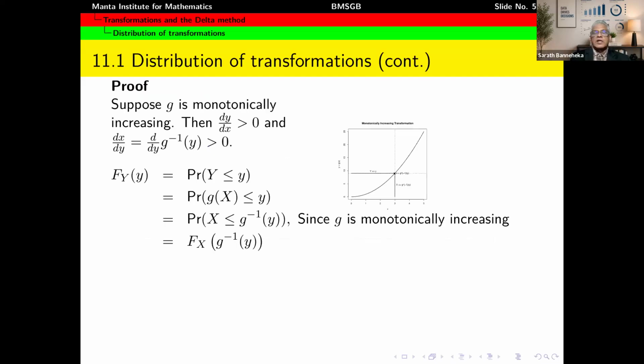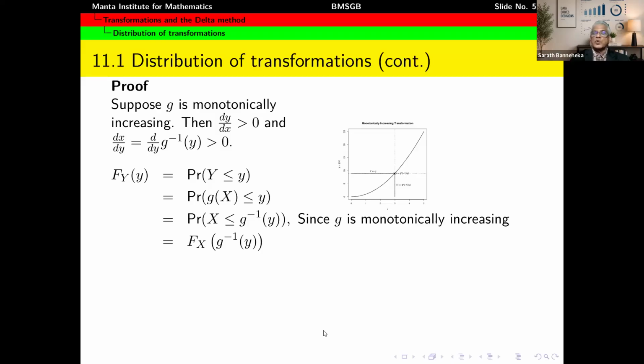So to prove this, let us consider the proof in two parts, because a one-to-one transformation is either monotonically increasing or monotonically decreasing. Right? A one-to-one transformation cannot be both at the same time, but either it is monotonically increasing or monotonically decreasing.